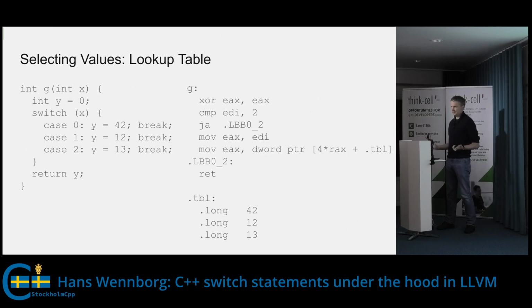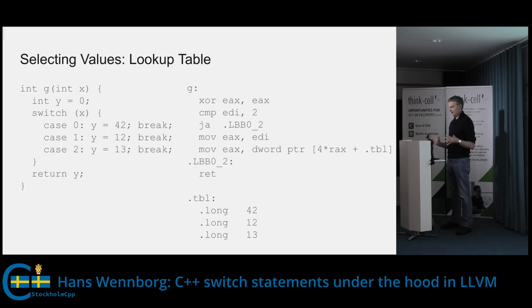The main issue here is the size of the table. It needs to cover all the cases from the lowest to the highest. And if there are holes, like in this case, we don't have any holes, but if there's also a case 5, for example, we'll have holes for 3 and 4. It will fill those with a default value, if there is one.